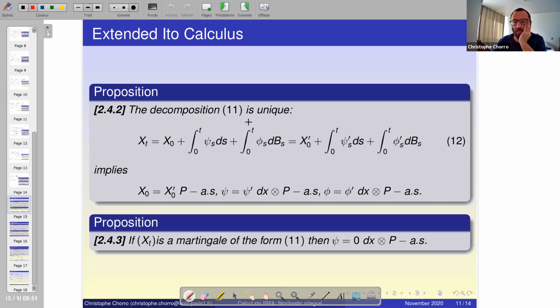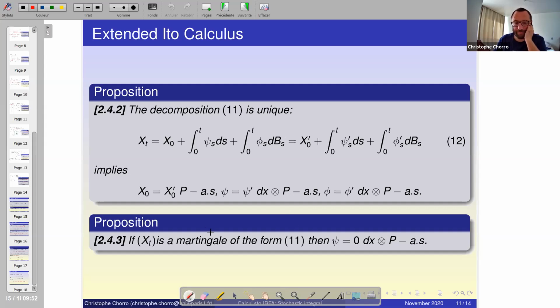In particular, if I consider the notion of extended Ito process, the Ito decomposition is unique up to stochastic equivalence, in the sense that if you have two decompositions of the previous type for Xt, the constants are equal, the processes psi and psi prime are indistinguishable, and the processes phi and phi prime are indistinguishable. So I have uniqueness even in this generalized case. It's the aim of this proposition.